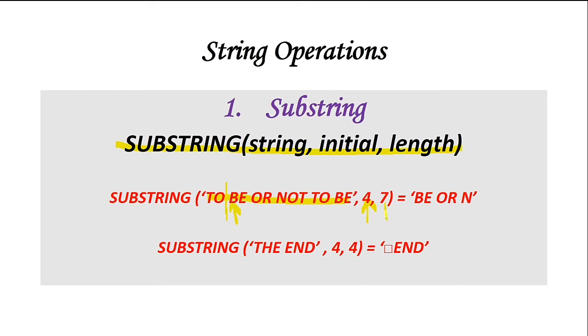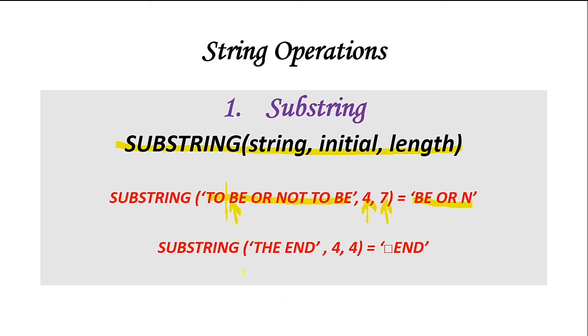And you are specifying length as 7. That means after B, you need to take 7 characters as a substring of this particular string. So 1, 2, 3, 4, 5, 6, 7. So B or N, that will be considered as a substring of to be or not to be.